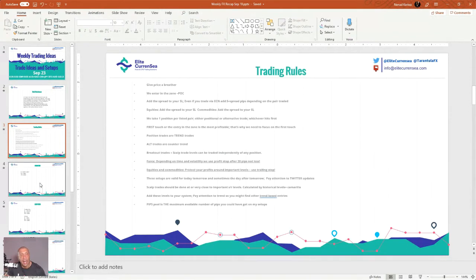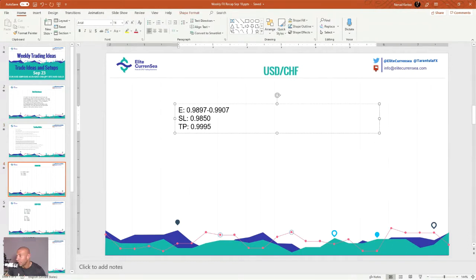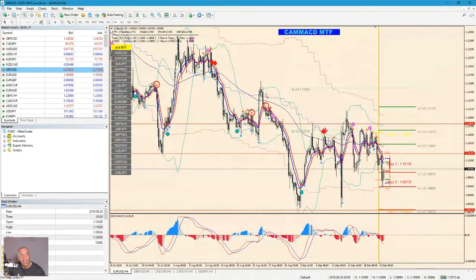Also, we will start with the euro dollar. First of all, let me tell you that we actually made 50 pips on the euro dollar that we had last week. It was a very good trade, and now euro dollar is still in ranging mode and has a bit of pullback.